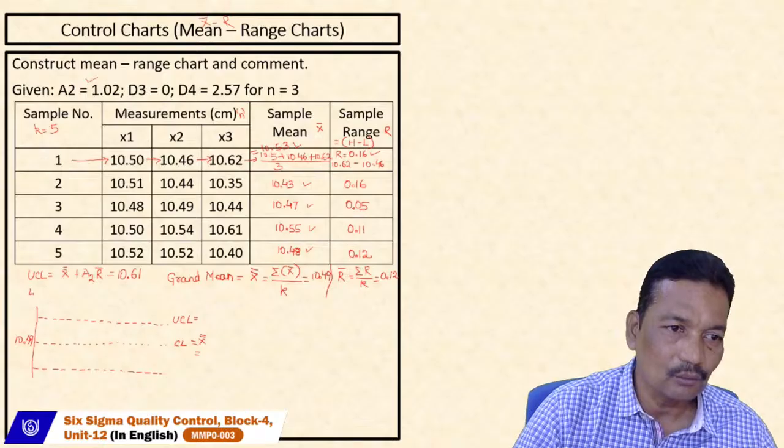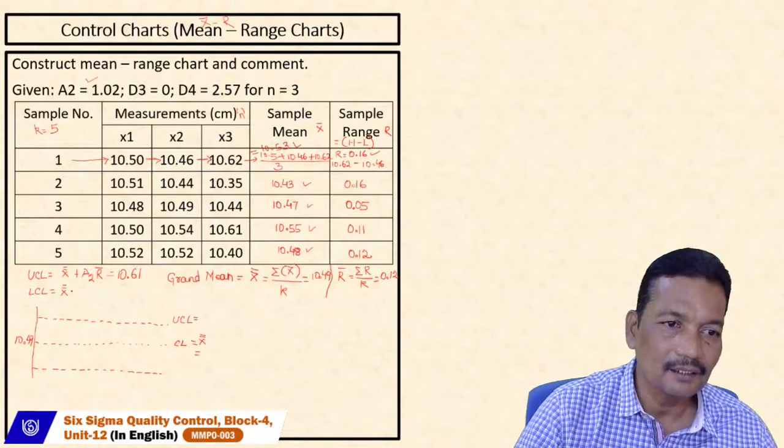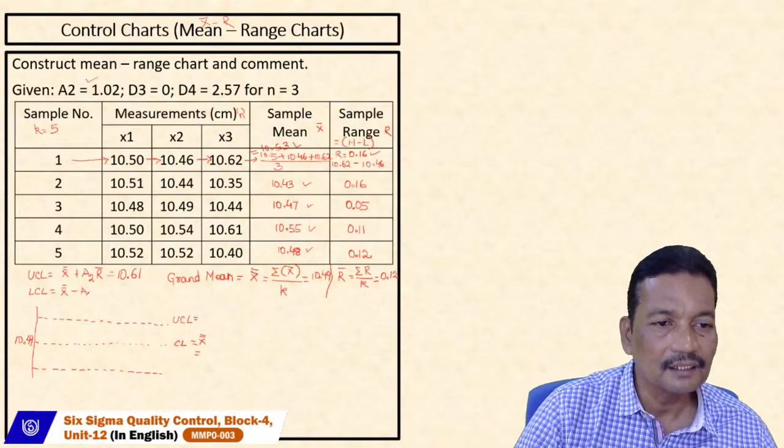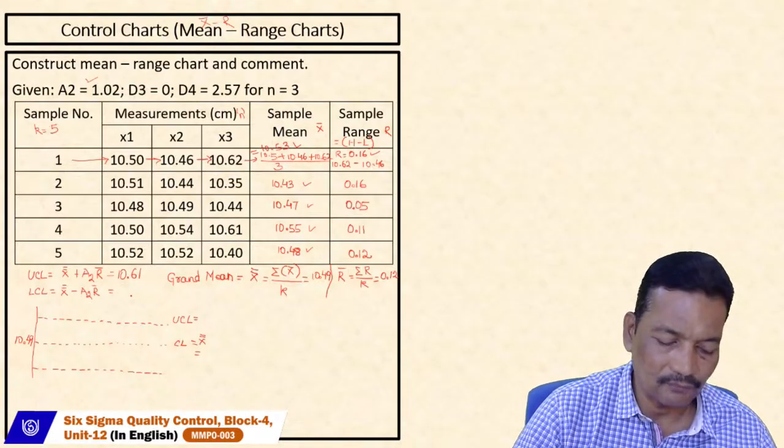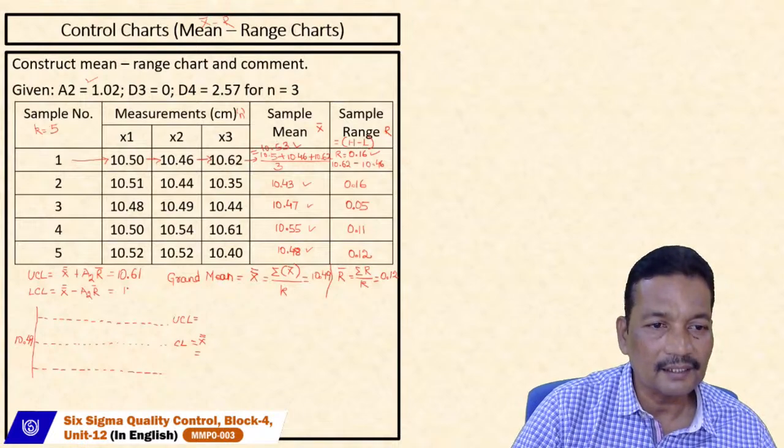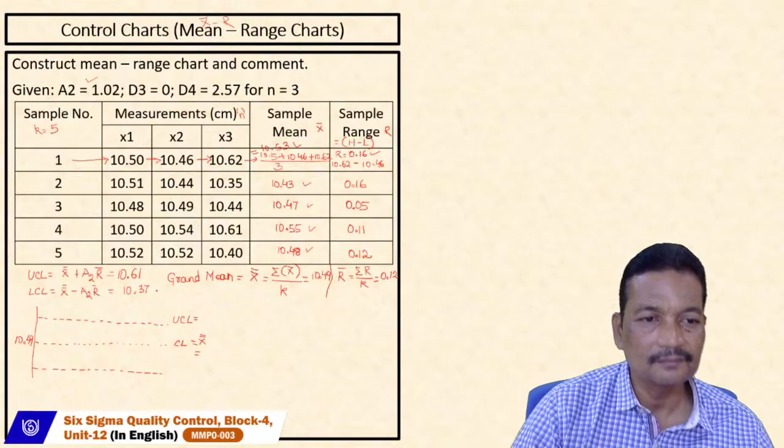Similarly, lower control level is equal to X double bar minus A2 R bar, and that gives me a figure of 10.37.